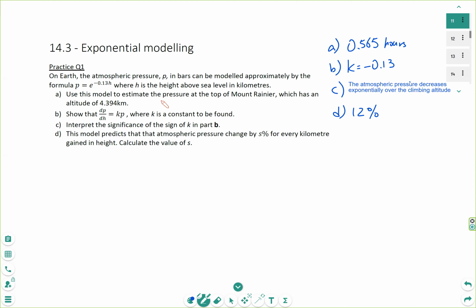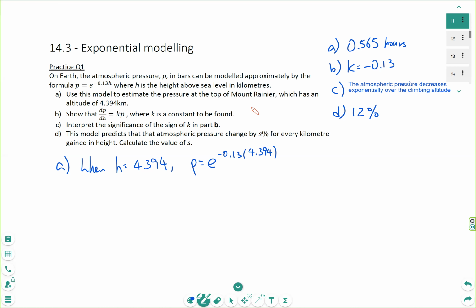Question A. So we've got P equals e to the power of negative 0.13 h. We want to work out the pressure, P, when the altitude is 4.394. We know altitude is the h value. So for question A, we sub in h equals 4.394, then P equals e to the power of negative 0.13 times 4.394.